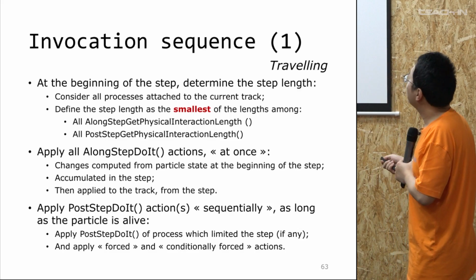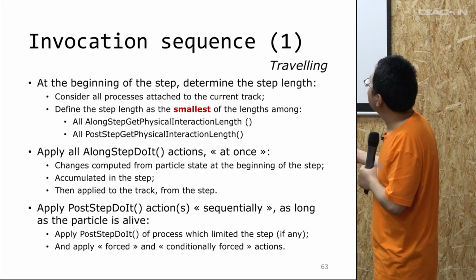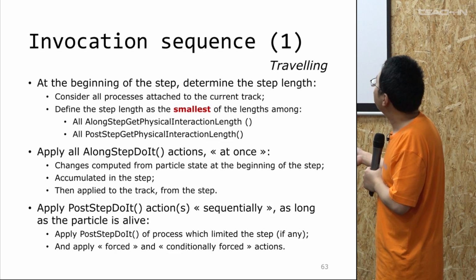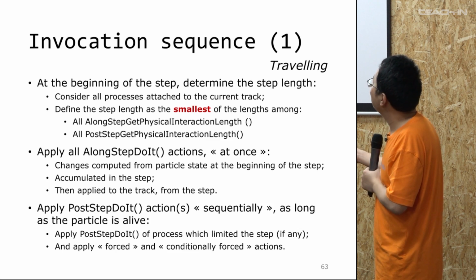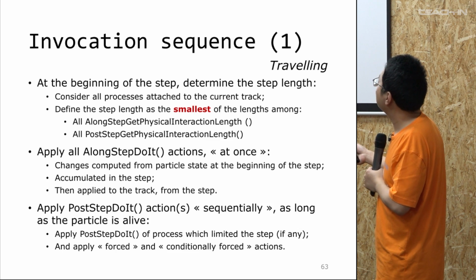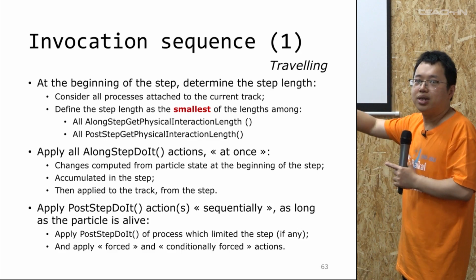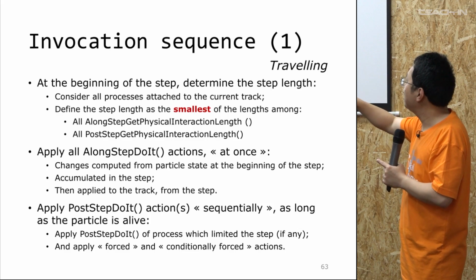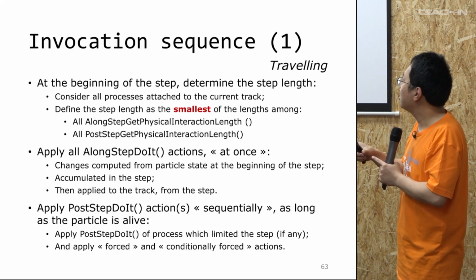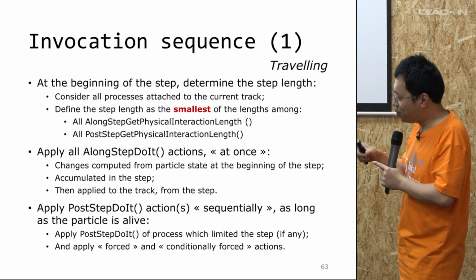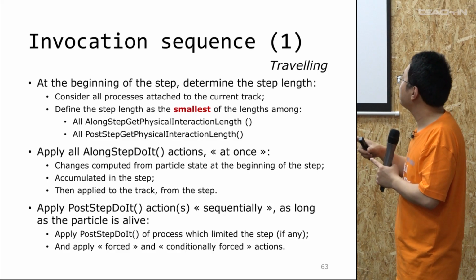Then Geant4 will do the balance and choose the smallest length. That means if one process gives the smallest length, this process will be invoked.